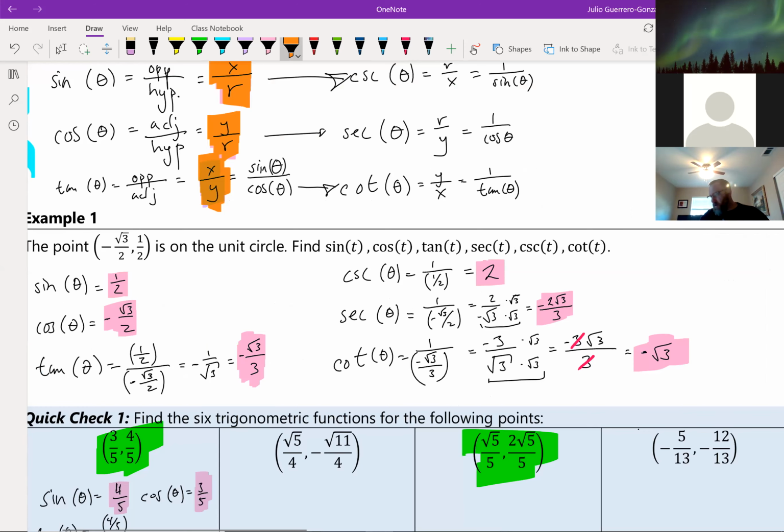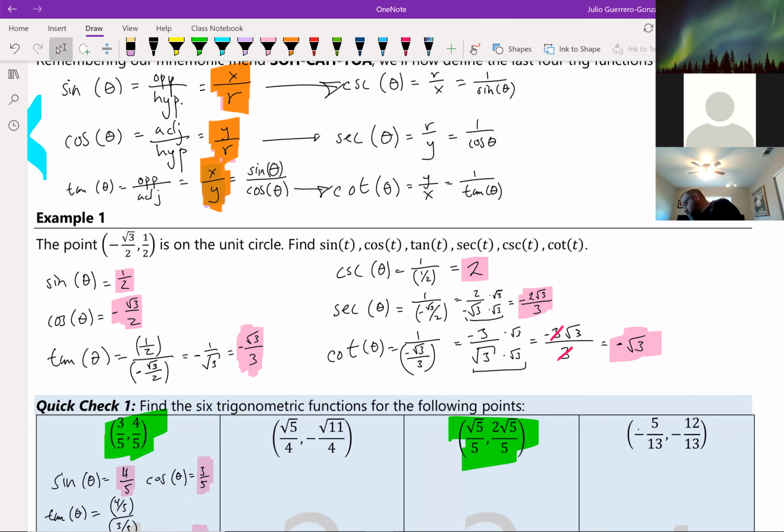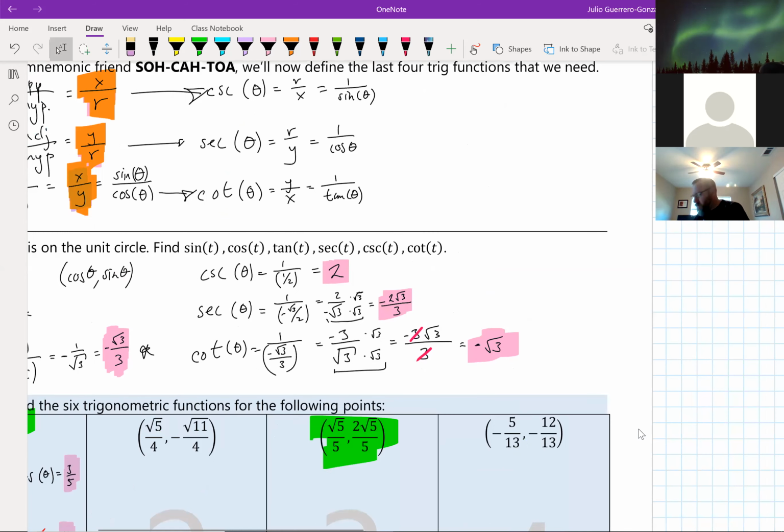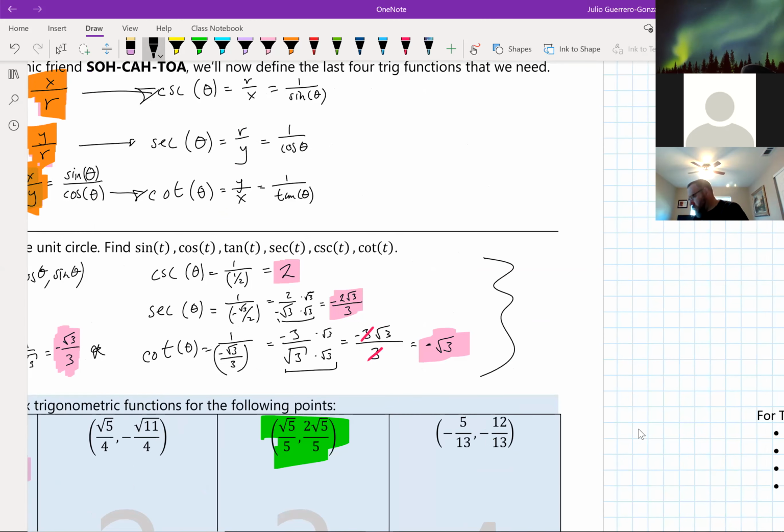And just as usual, if you have coordinates, the cosine was the x and the sine was the y. So we were able to do these 3 just from the points themselves. And then we had to do these 3 over here using the formulas from above.